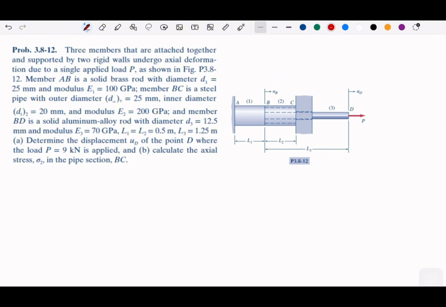L1 is equal L2, which is 0.5 meter, and L3 is 1.25 meter. Calculate the displacement UD of the point D where the load is applied, okay, 9 kilonewton applied. And then calculate the axial stress on the BC, okay, the element 2.